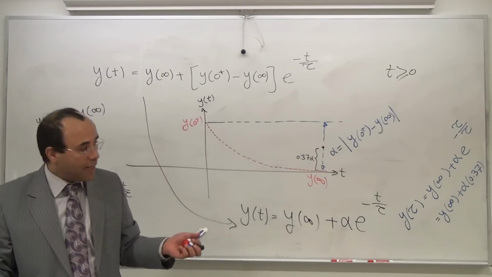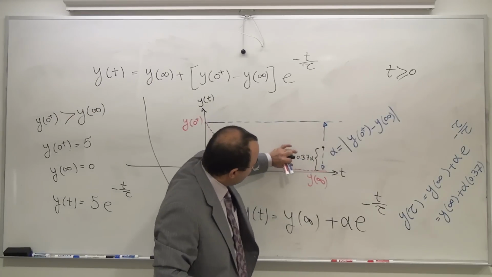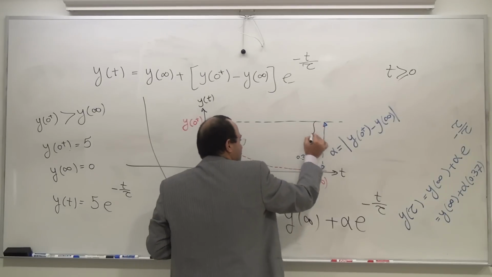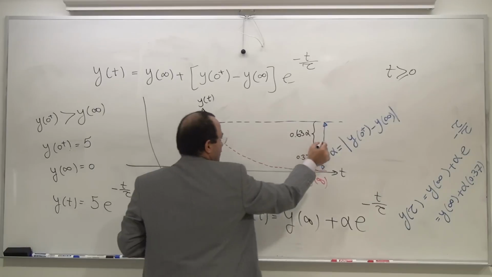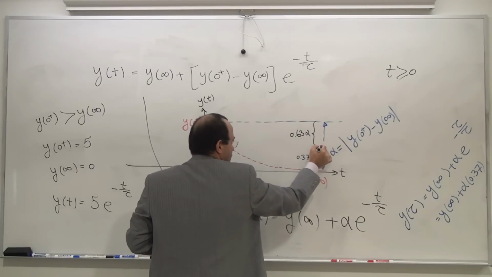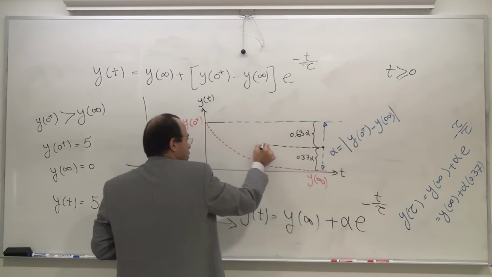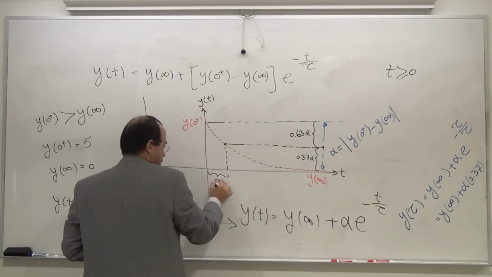You can also say that since this gap is limited, if I think of this as 37%, I can also think of this as 63%. So I've got y of 0 plus, 63% down, or y of infinity, 37% up. You come down, here you hit the curve, you come down, and this is going to be tau.